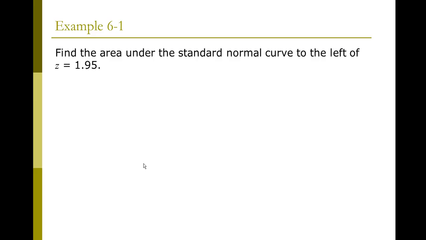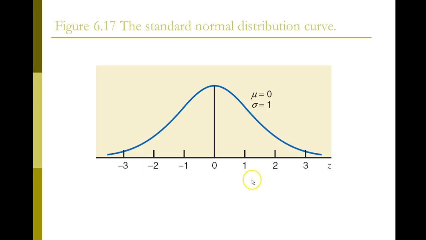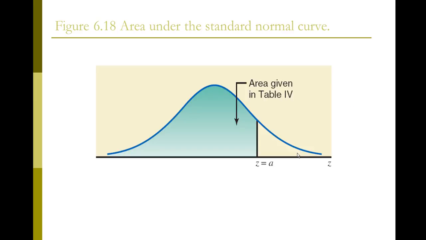So let's look at that again. Here's 1.9. It doesn't look right, actually, this is not really drawn properly. But 1.9, to the left of here, all this area, is about 97%. So to the right of 1.9 is only about 3%. Okay?